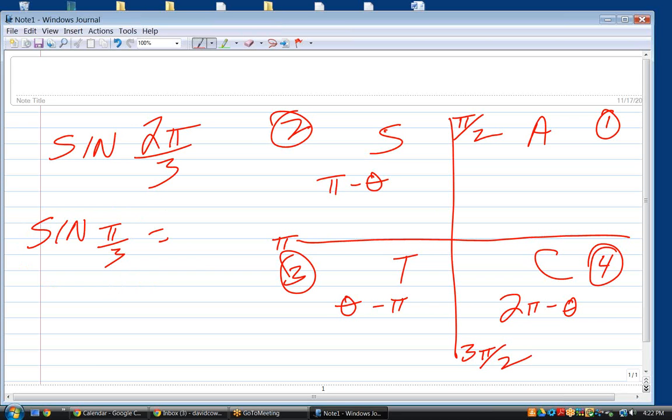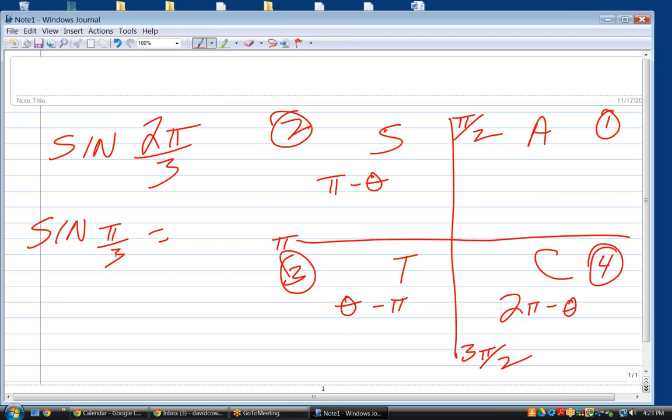In other words, you do have to memorize your first quadrant angles. You need to know basically how to figure out your trig function of any first quadrant angle that's 30, 45, or 60, because our process is going to be to convert everything to that first quadrant angle. So if we know the first quadrant, then we can answer second, third, and fourth quadrant.